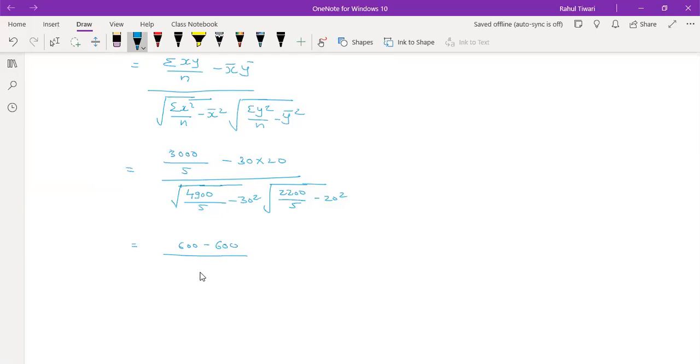Now the denominator could be whatever answer. I will get the answer will be 0. Just do this calculation and let me know what is right.